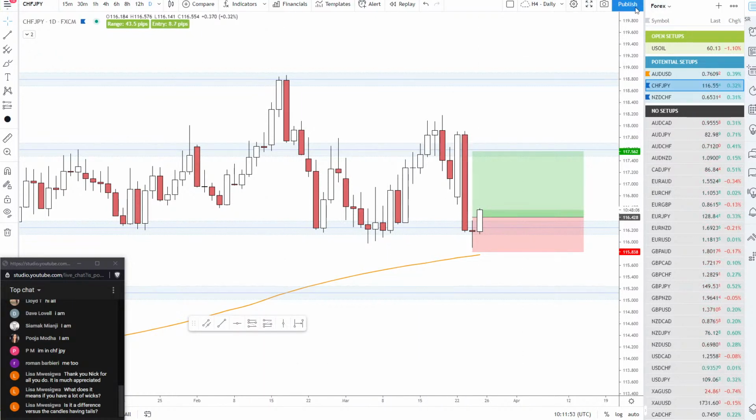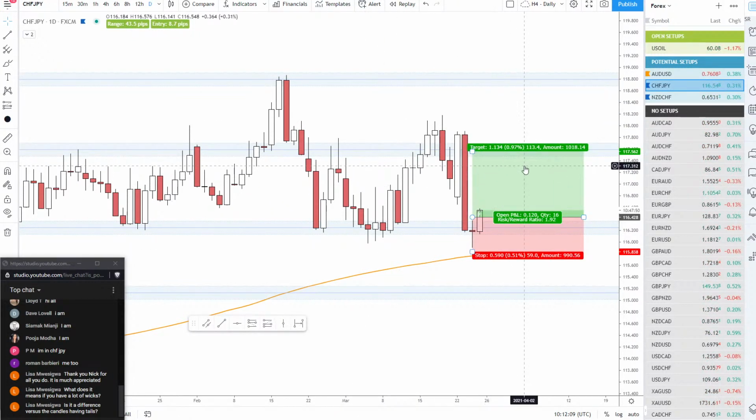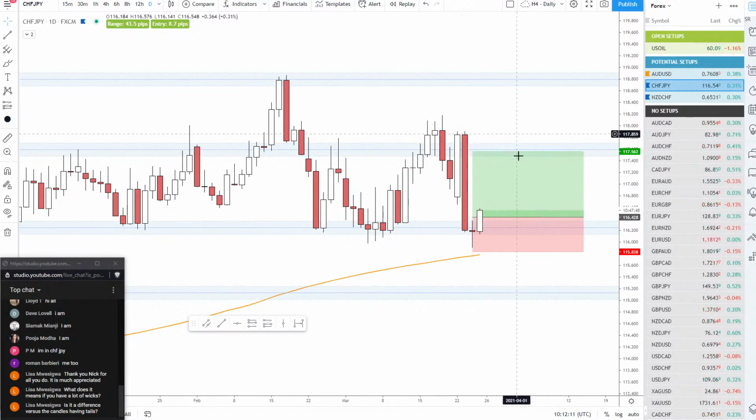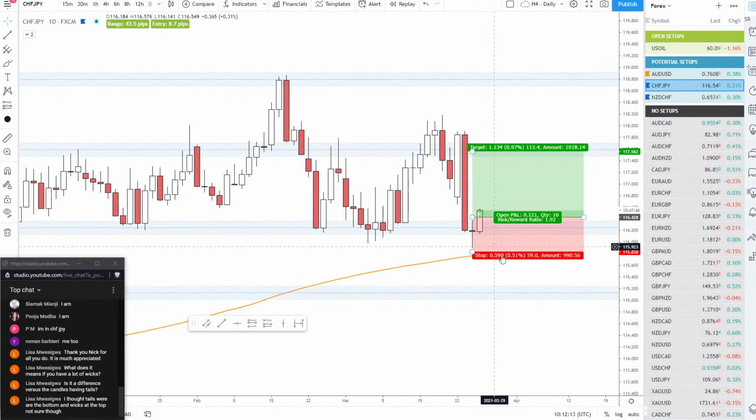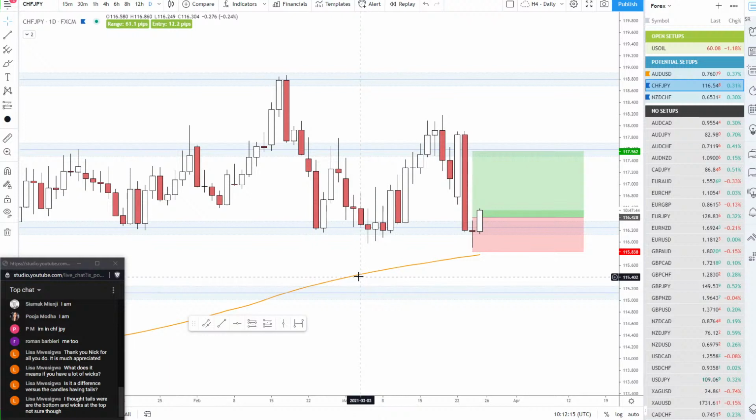Wicks represent the high and low over the period of which the candle was open. So this candle was open for 1 day. The bodies are the open and close, and the wicks are the high and low. Big wicks just mean that it's a pretty volatile pair and that it swings back and forth a lot throughout the day. That's all it really means. So if you're in a trade that's swinging back and forth throughout the day, it's very easy for your stops to get hit.